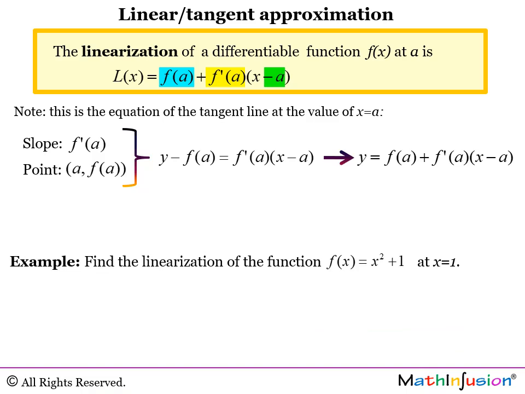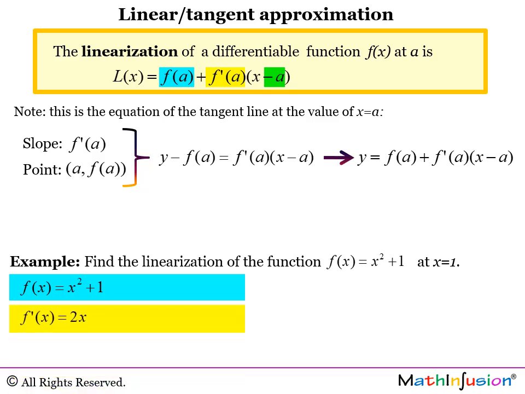Example. Find the linearization of the function f(x) equals x to the power of 2 plus 1 at x equals 1. The function is x squared plus 1. We need now to find the derivative of the function, which is 2x, and the value of a here is 1.